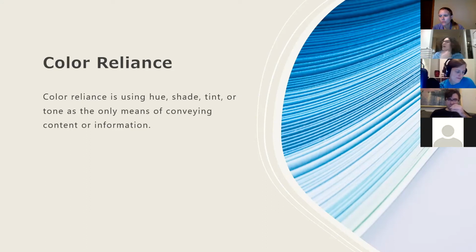Imagine if you're someone who struggles with red and green, and I have a list where red means one thing, green means one thing, and purple means another. But you can't differentiate between the red and the green, because you can't see the difference between them. So relying on color is just generally not something that we promote.